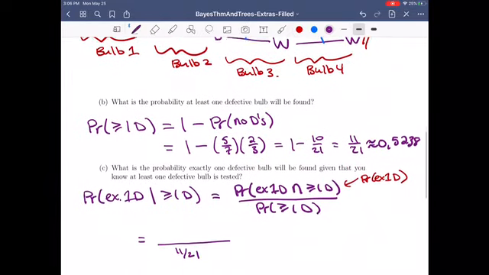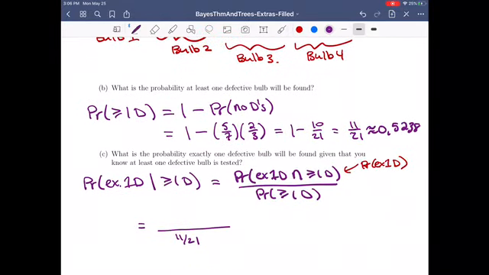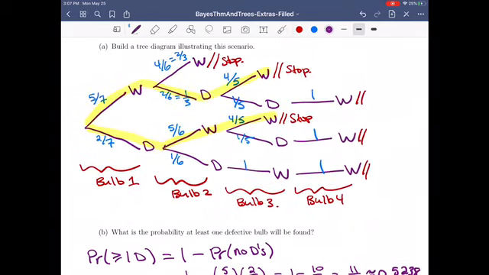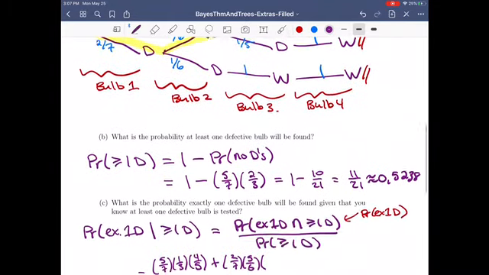So we're going to have 5/7 times 1/3 times 4/5 plus 2/7 times 5/6 times 4/5.